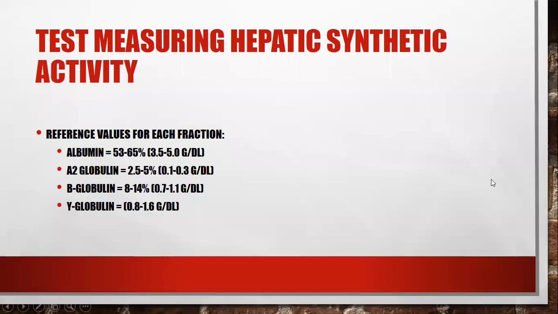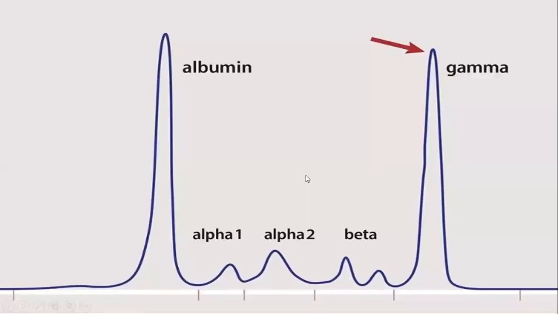These are the normal values for each fraction. Take note, the most abundant fraction is the albumin fraction, comprising about 53 to 65% of the total protein component.